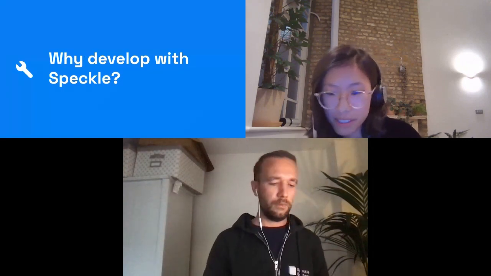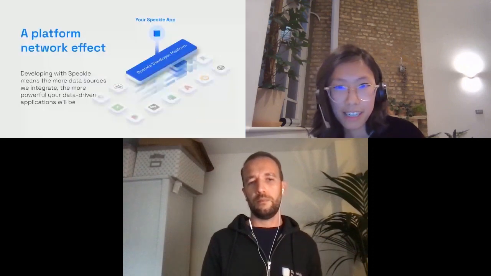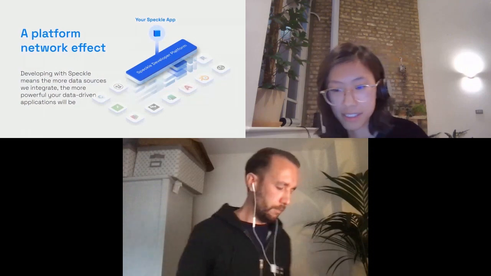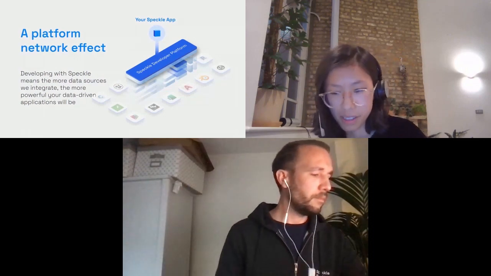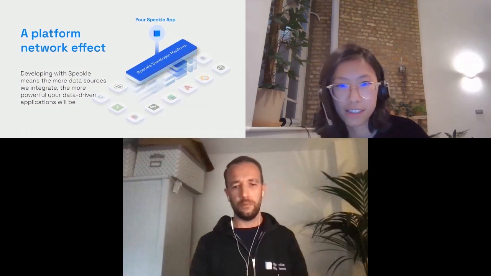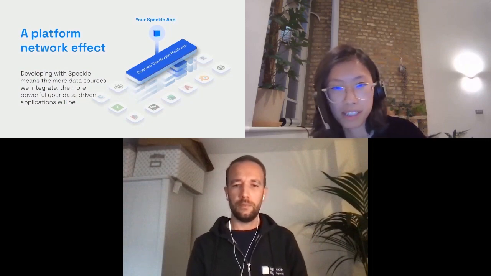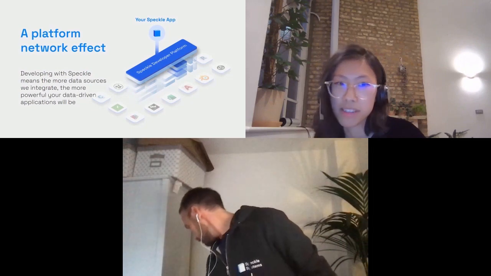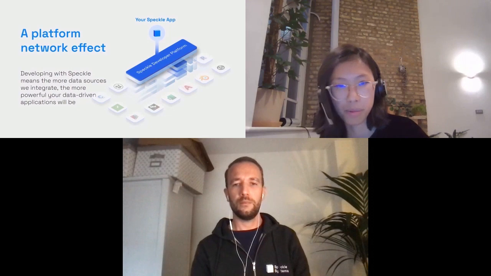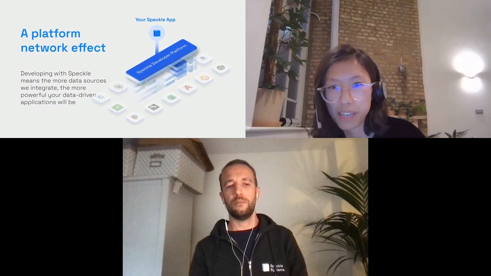The second question is, why should you develop with Speckle? I think primarily the way we think about it internally falls in two bins. The first one is you get a bit of a platform network effect. Because all of your data is sent and received through our platform, translated into Speckle objects and then translated back, this means that the more data sources we integrate, the more connectors we develop, the more data you have access to and the more powerful your data-driven applications will be.